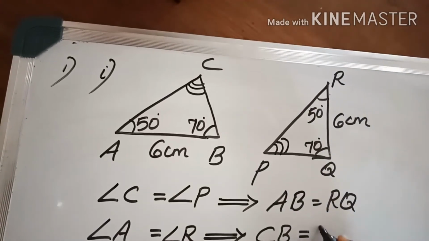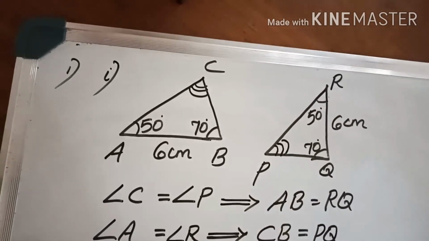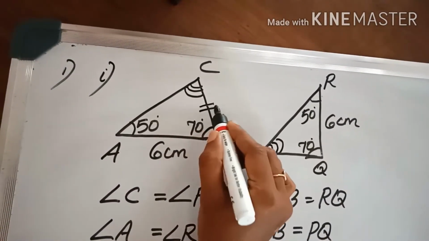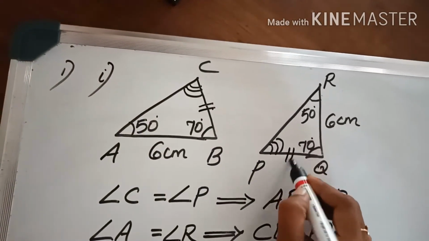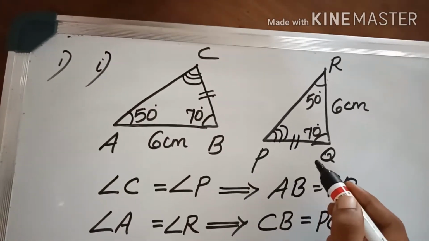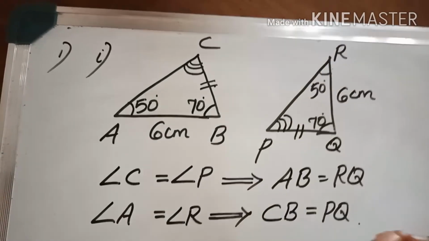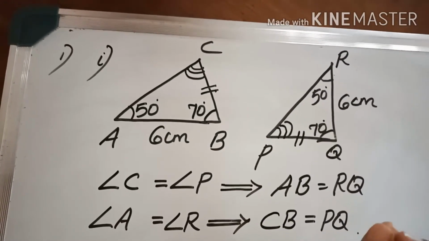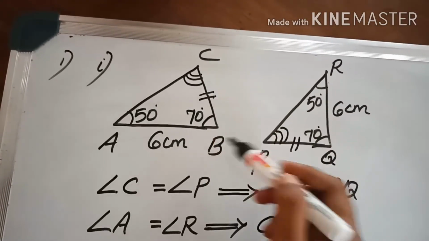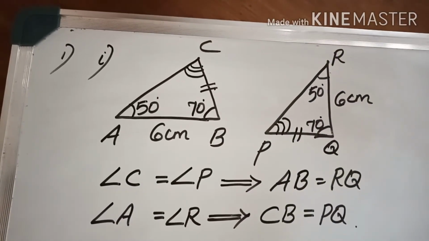So CB and PQ will be equal. This is the second side. No need to find the measurement, just write which are the equal sides. So CB side and PQ side are equal.